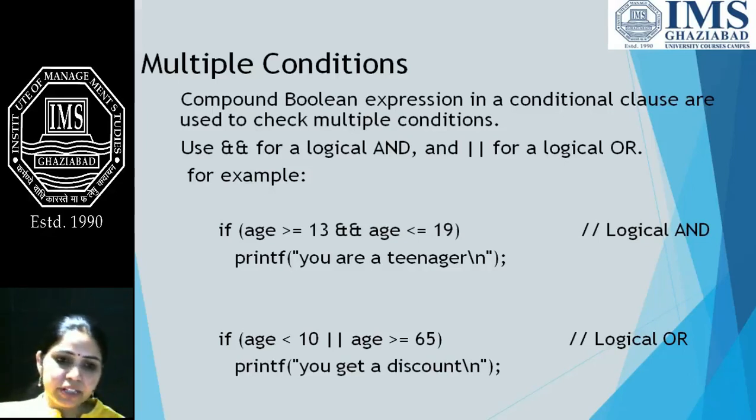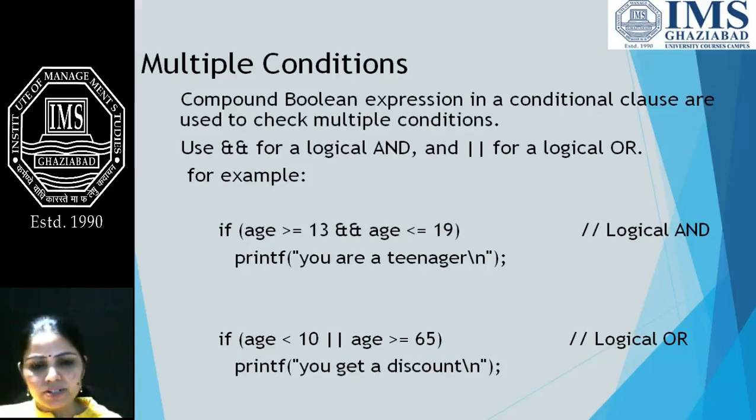Next statement we have written if age is less than 10 or age is greater than equal to 65. This or symbol is actually the pipe symbol, double pipe symbol. And here it is saying if age is less than 10, that means age is 9 or below, or age is 65 or above, then you will get a discount. So if both the conditions are true, then I'll get a discount.